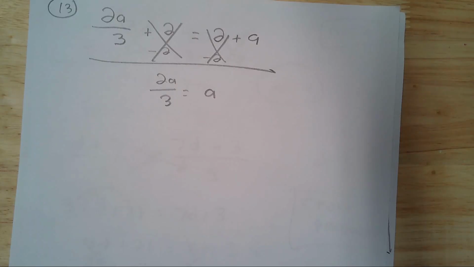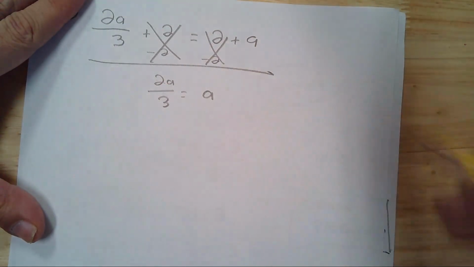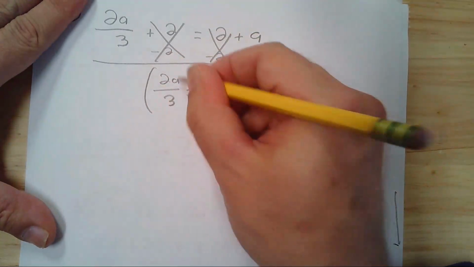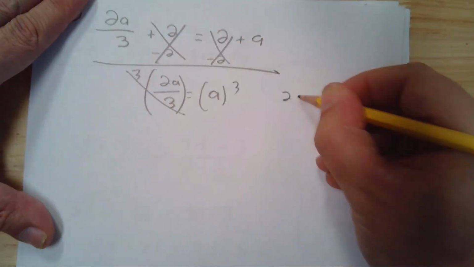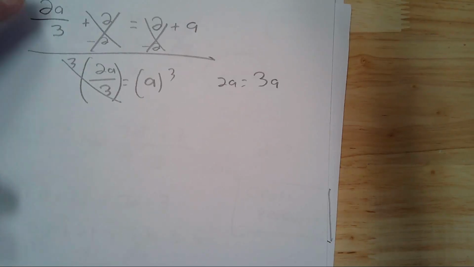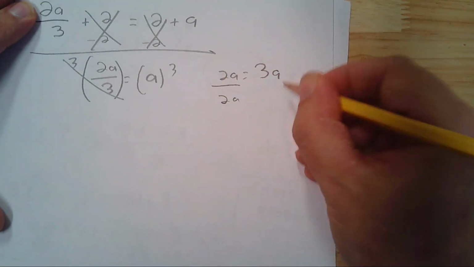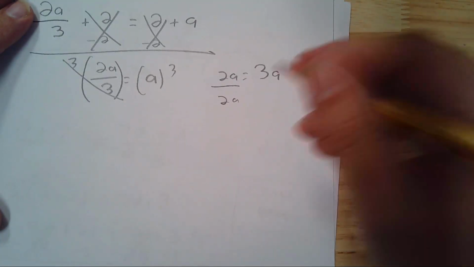So what would I do next? 3a, 2a is what I'm going to turn into. I see it this way, but dividing both sides by, and we still got to resolve this thing here.